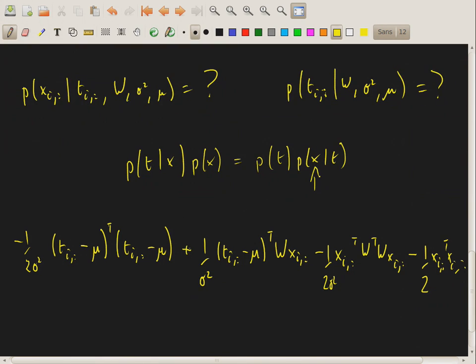What I started with here was a probability distribution in t, now that I've blown it apart, a t given x. But I want this guy to not be dependent on x, whereas this guy was dependent on x. So what I'm going to do first is extract all the terms in x. By extracting all the terms in x, I know this guy shouldn't be dependent on x. I have what should be the posterior distribution.